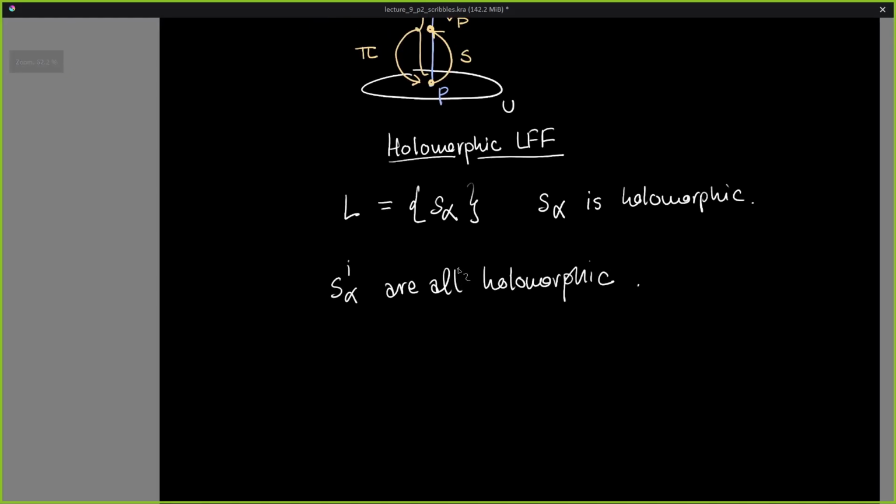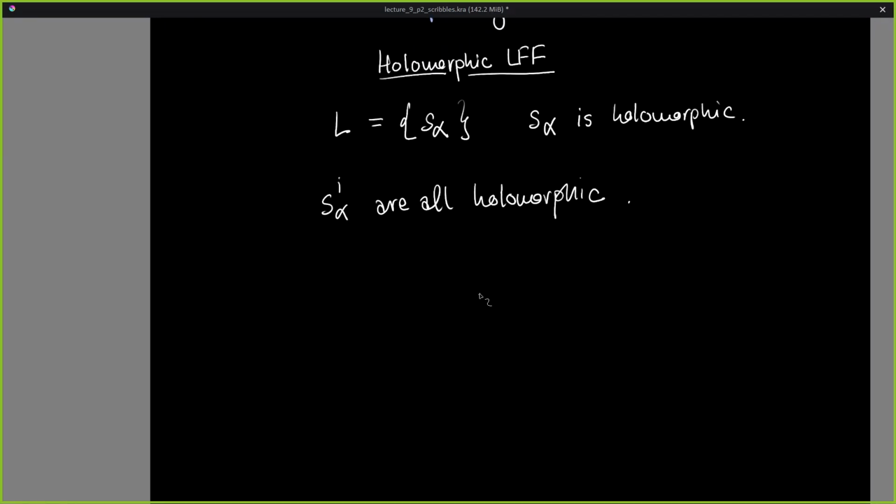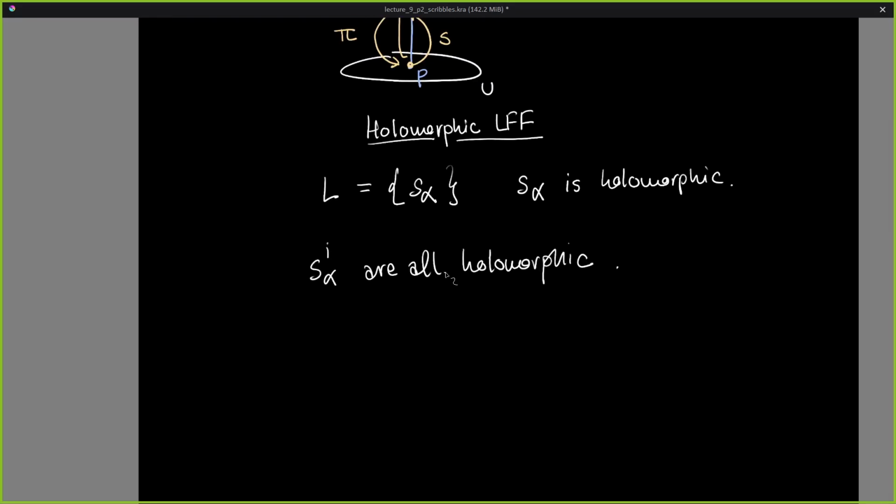So using holomorphic local frame fields, we've just defined all of this stuff. We have this holomorphic vector bundle, and we would like the connection to preserve this structure.